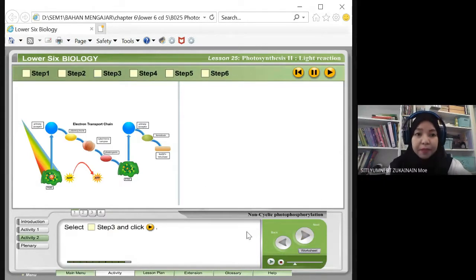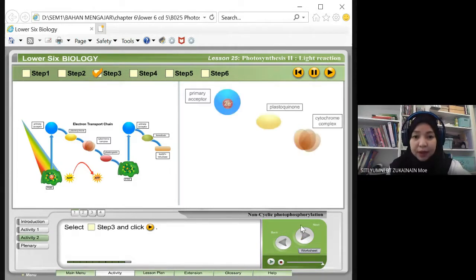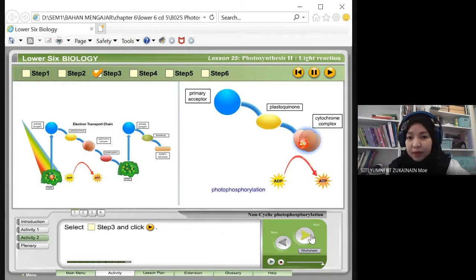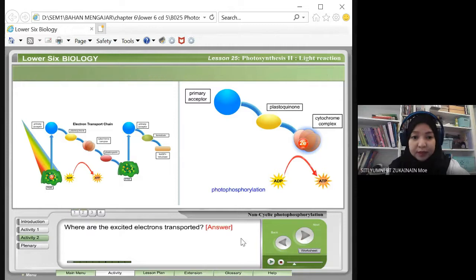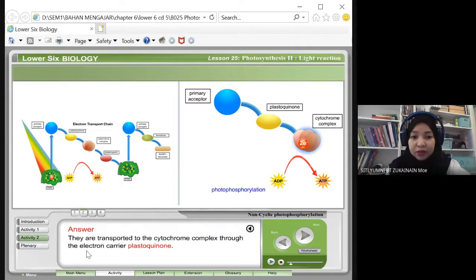Now we move on to step 3 and let's see what happens. From the primary acceptor, electrons travel through the electron transport chain. If you can see here, the excited electron is transported to the cytochrome complex through the electron carrier plastoquinone.